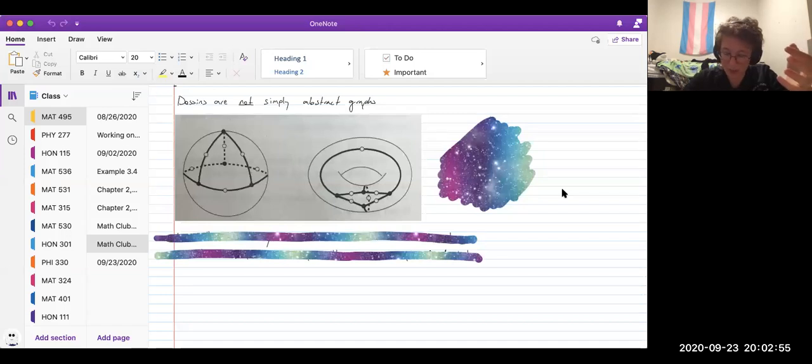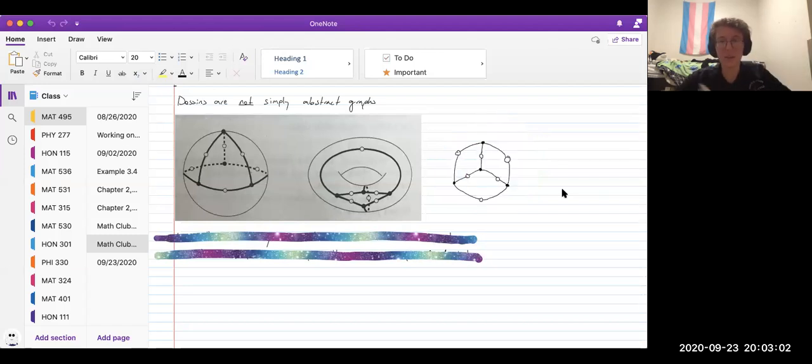Right, so either one of those two graphs you can bend into this shape. But it doesn't matter that you can bend them into the same shape, and we'll see in a minute that there's a reason why this doesn't work.